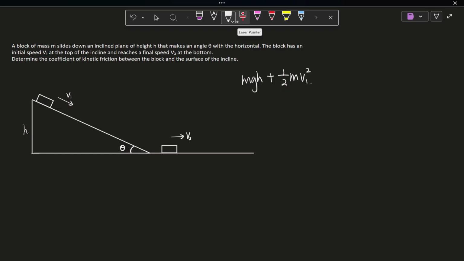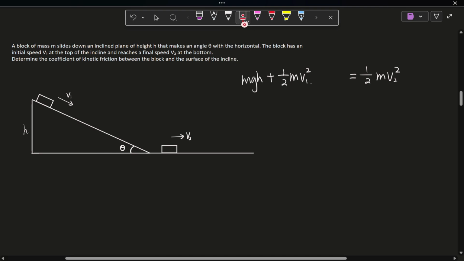So this much energy is supposed to be equal to 1/2 m times v2 squared. The reason I said it's supposed to be equal is that if there's no friction on the incline, these two will be equal.